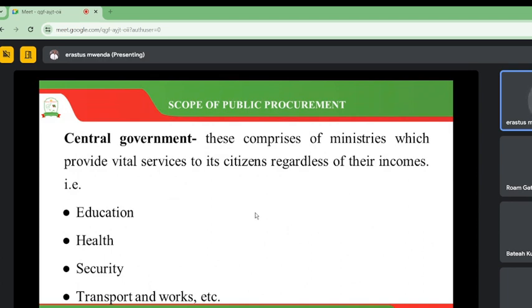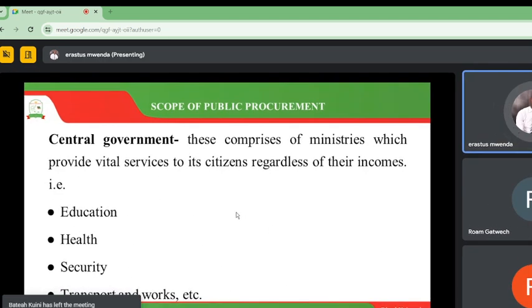Number one, and very, very important, is the central government. And this is going to comprise all ministries which provide vital services. A bigger percentage of countries in Africa have a similar version of the nature of their government. So they have the central government, then they have the states, or in other countries, the county governments.